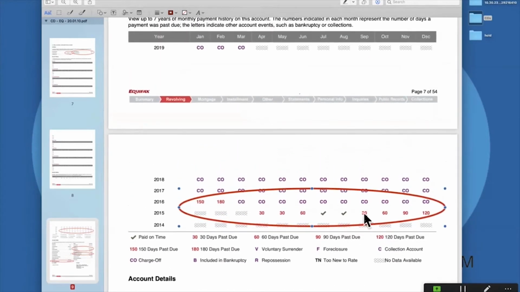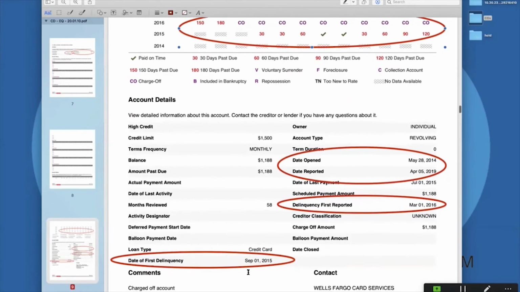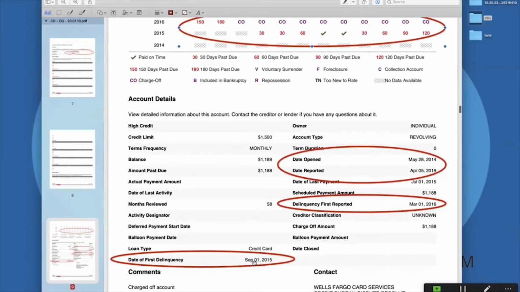But that September date of first delinquency is what led to it being charged off. Does that make sense? So sometimes I use the term date of last delinquency, but it's the date of last delinquency that led to the charge off. So that doesn't account for these guys right here. So this is a very important date if you have derogatory accounts on this profile. This date of first delinquency that led to it being charged off.